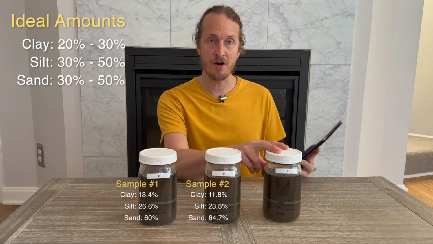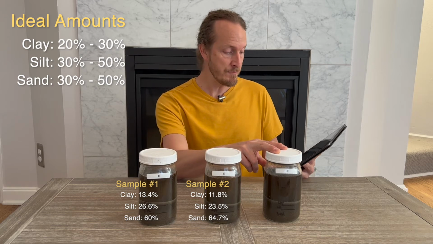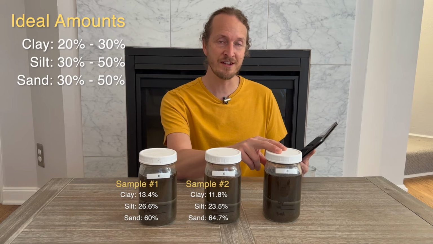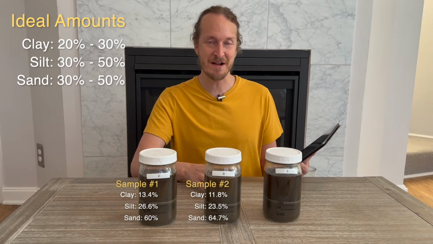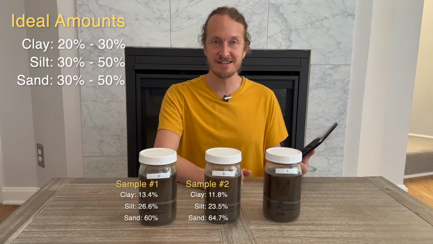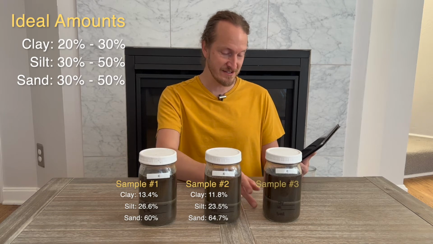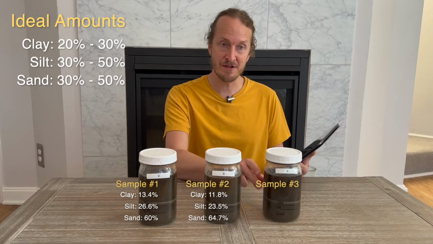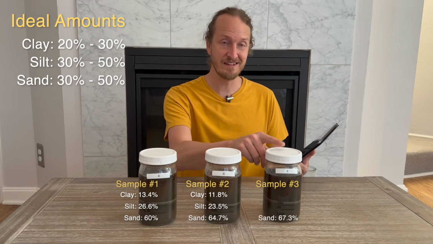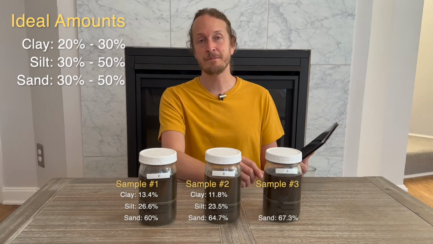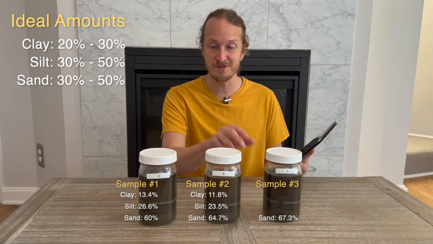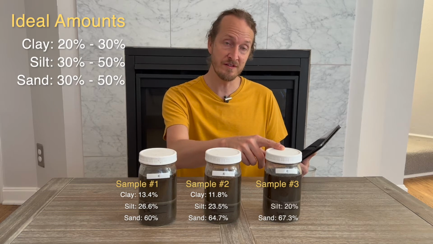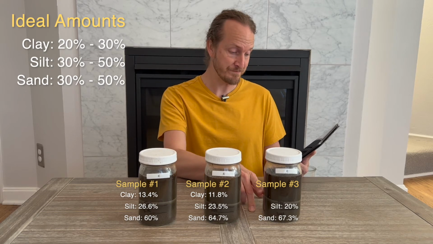And then finally for our third sample, which is funny because I've amended this a couple different years, and I would have thought it would have come out quite a bit different, but it actually is pretty similar. Out of 55 millimeters total, 37 millimeters were sand, so that's 67.3% sand, more sand in this one than the other two. 11 millimeters were silt, so that's 20%.